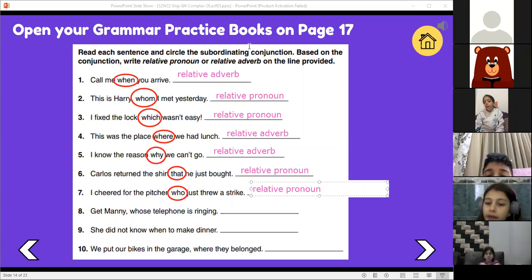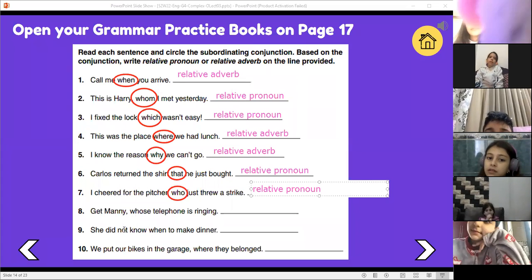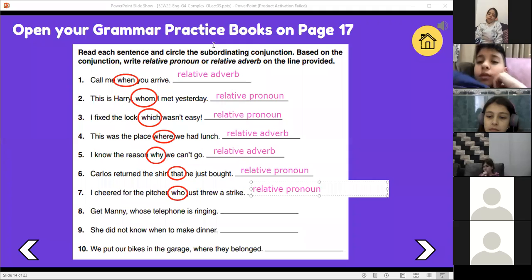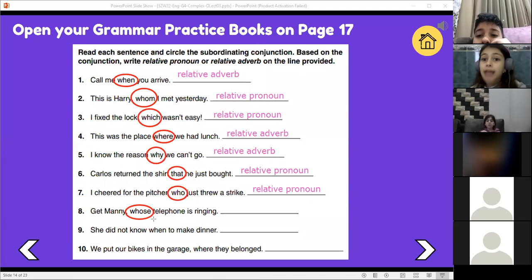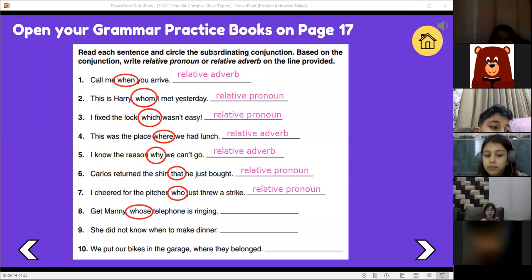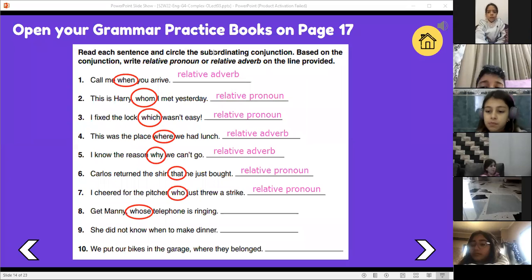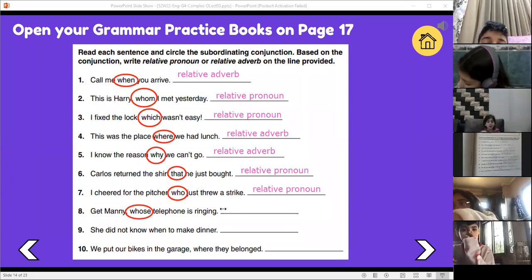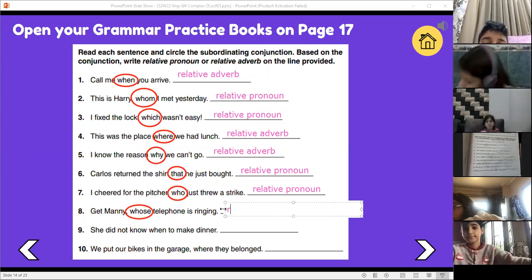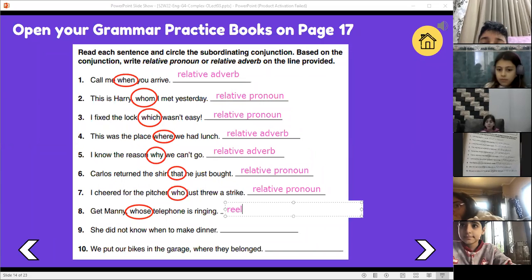Which word? Whose. And what is this? Relative pronoun. Excellent, bravo, because this is about many, and many is a person. So now we know that if you have whose, it means this is a relative pronoun.